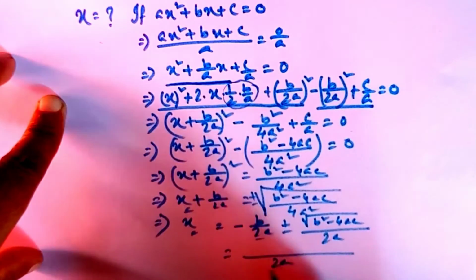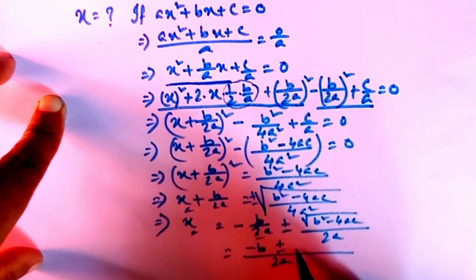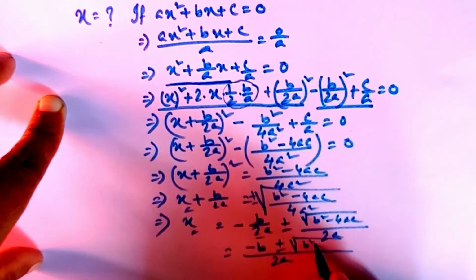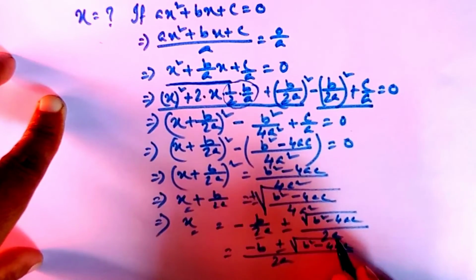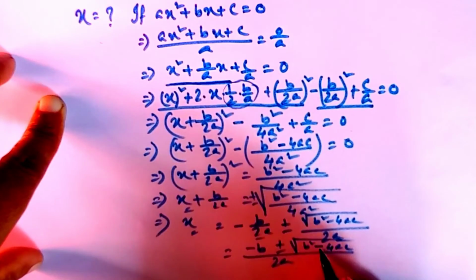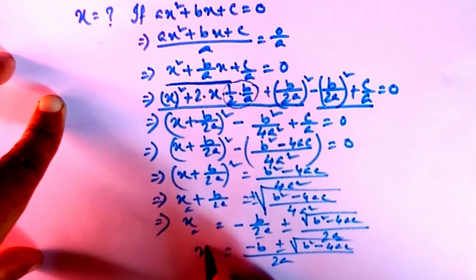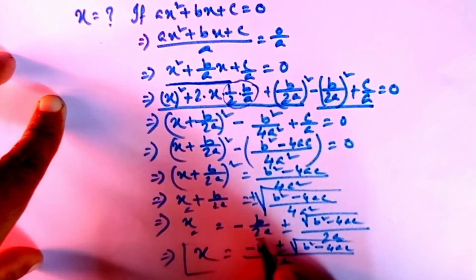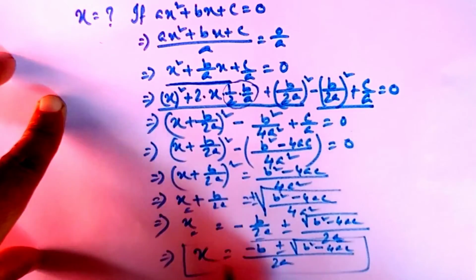So x equals minus b plus minus root over b square minus 4ac, all over 2a. This is the value of x. So we find the value of x.